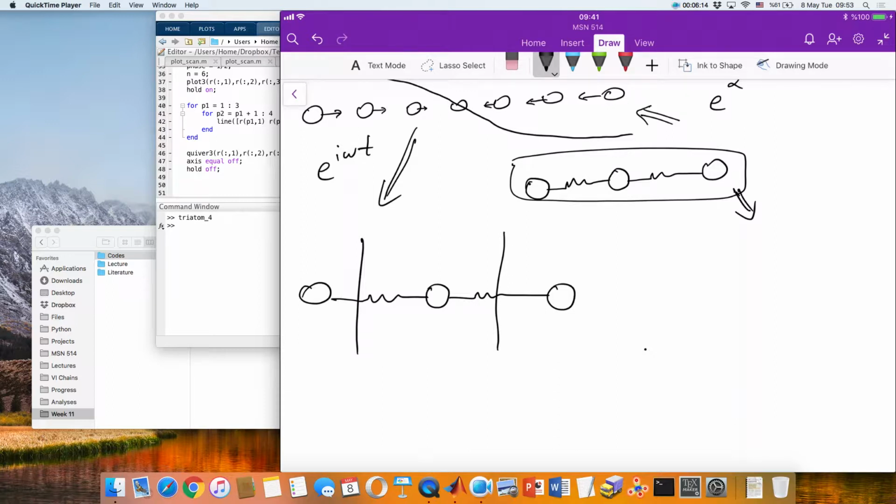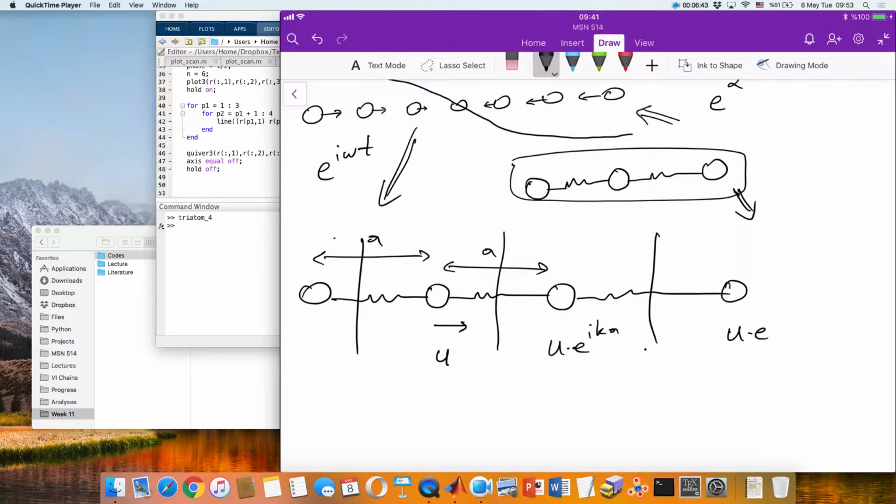We will multiply each displacement. So let's say this is displacement u, and this is a, the distance between the atoms. We will keep multiplying these with u times e to the i ka, and the next one is u times e to the i 2ka.